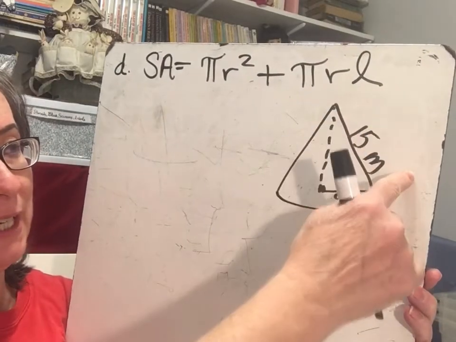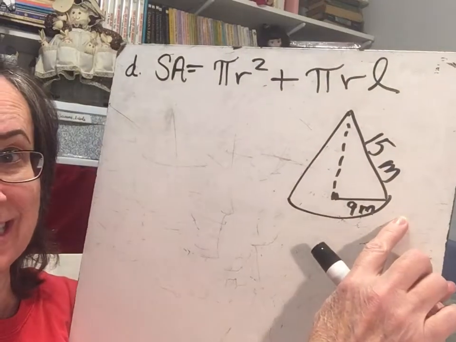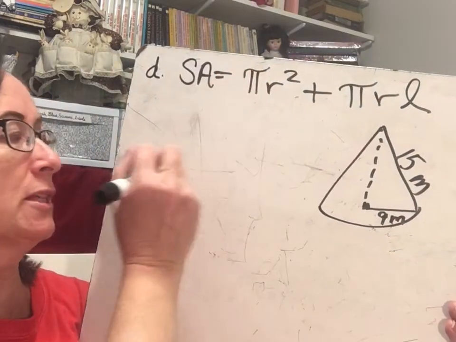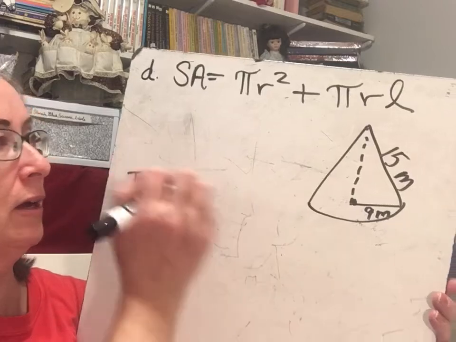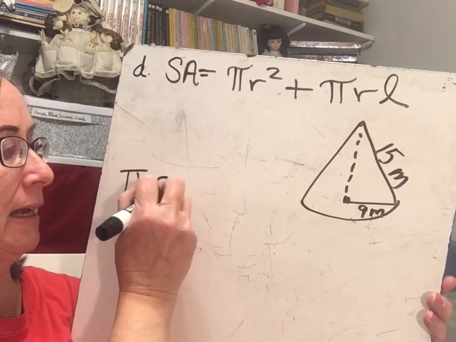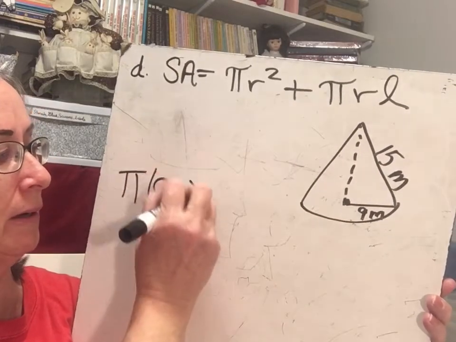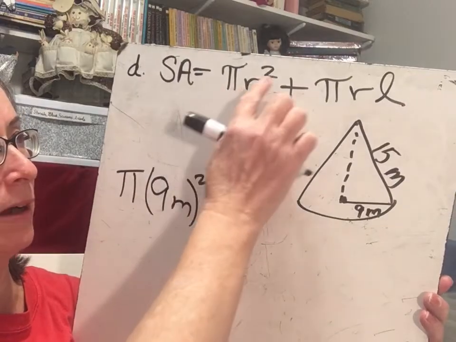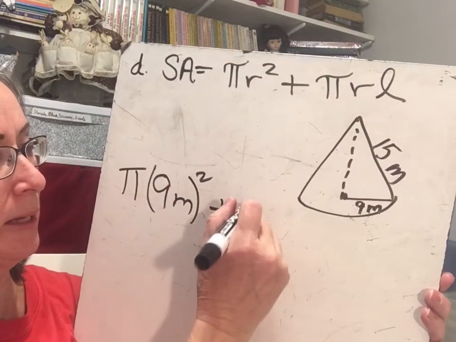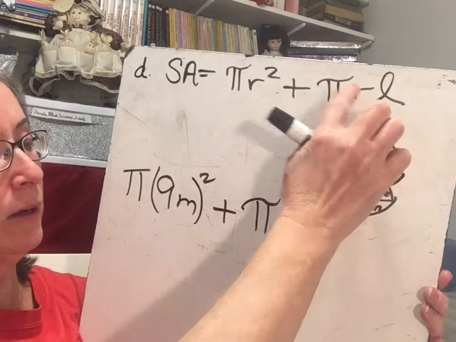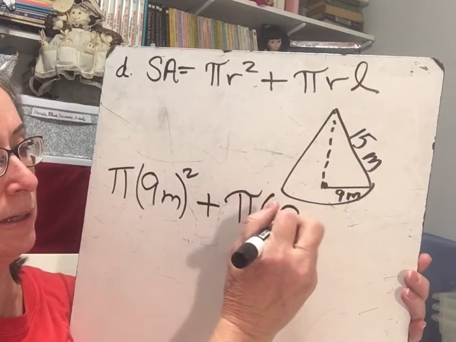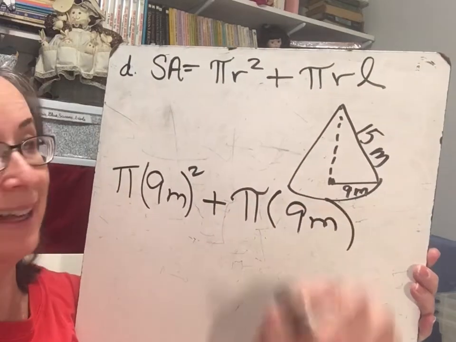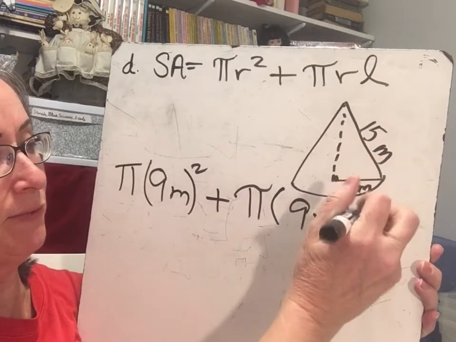We have 15 is the slant height, 9 is the radius. So we're going to go with this formula. Pi, radius is 9 meters squared, gives us our pi r squared, plus pi, radius is 9 meters, and slant height is 15 meters.